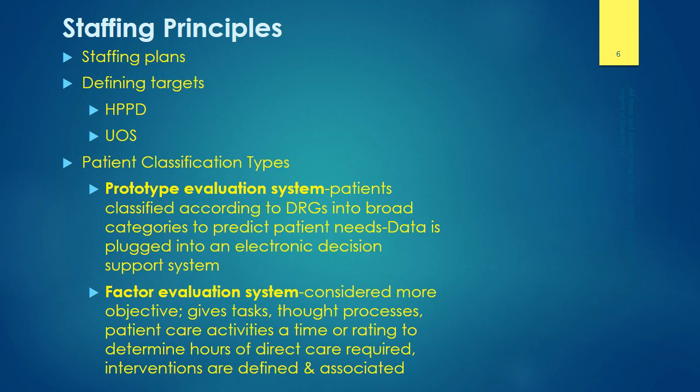The needs are often based on some sort of evaluation system or classification of patients. So one example would be the prototype evaluation system, where patients are classified according to DRGs into broad categories that predict patient needs. The data is plugged into an electronic decision support system and the answers come out.